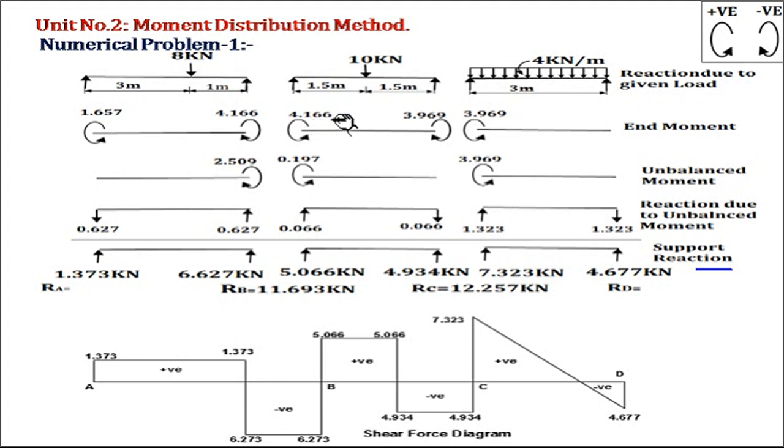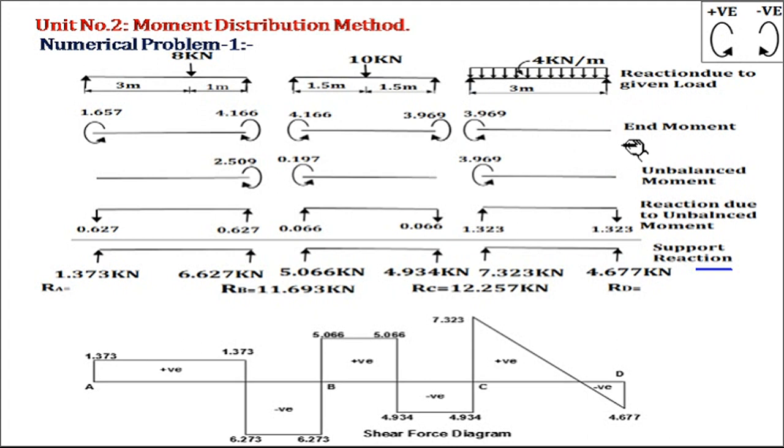Moment in member CB is minus 3.969. Minus means the moment is acting in clockwise direction. Moment in member CD is plus 3.969. Plus means the moment is acting in anti-clockwise direction. Moment in member DC is 0.